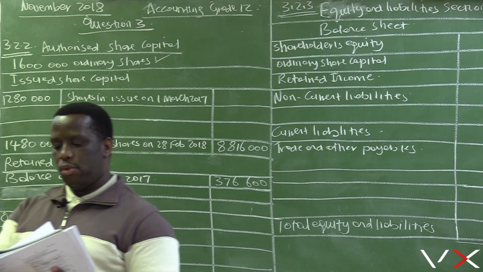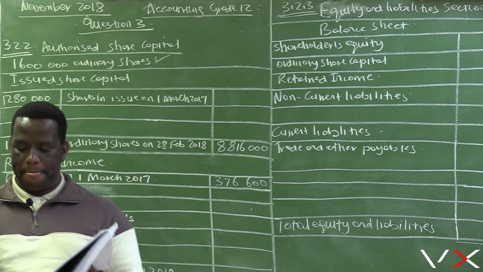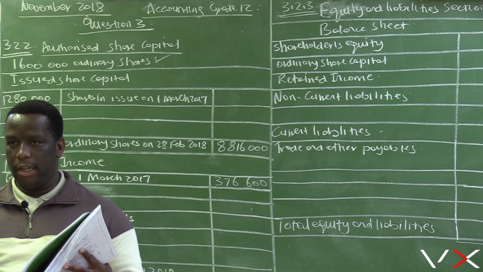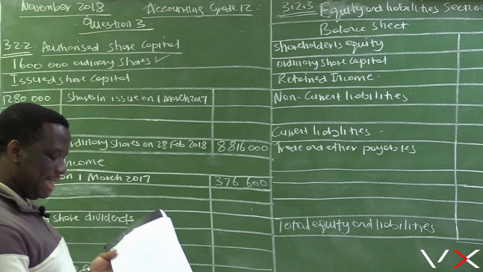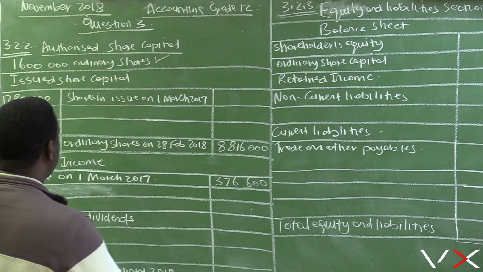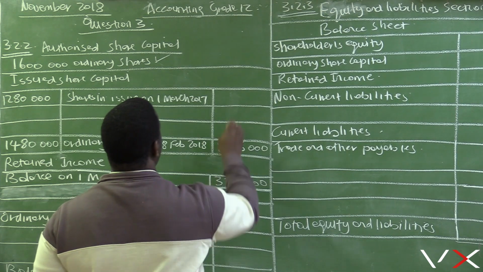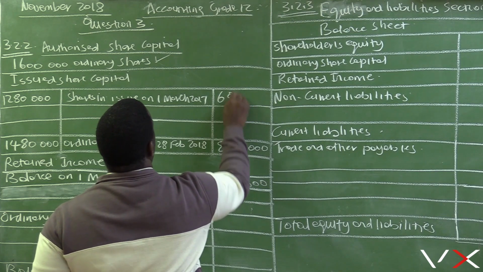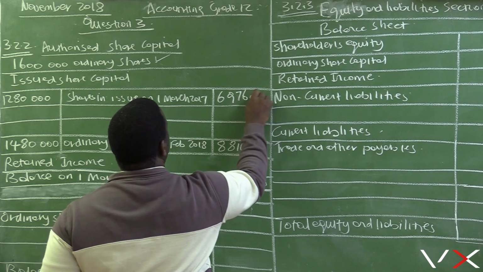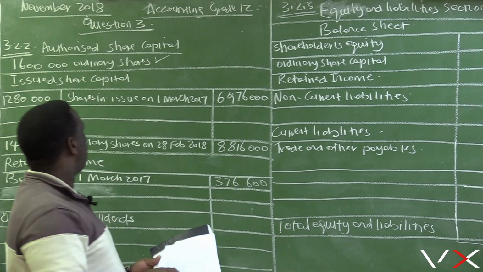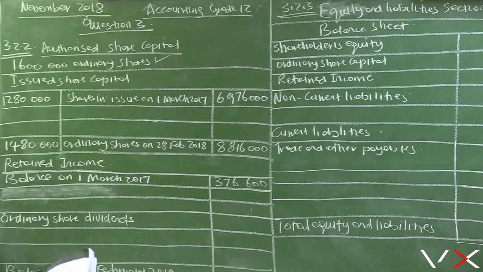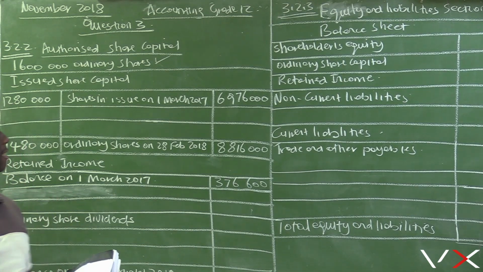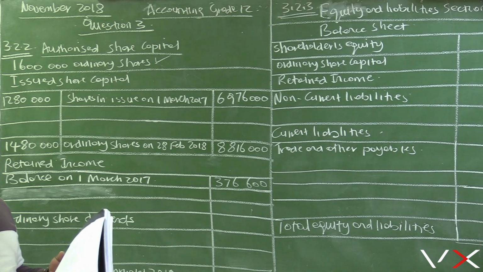If you go to page 8 and check how much capital we had at the beginning of the accounting period, it was 6,976,000. So the shares in issue were 1,280,000, and the amount of capital was 6,976,000.